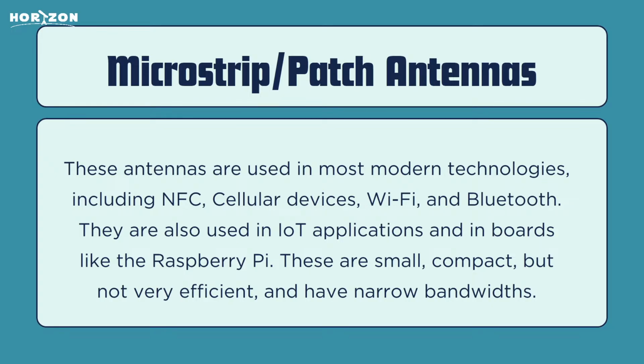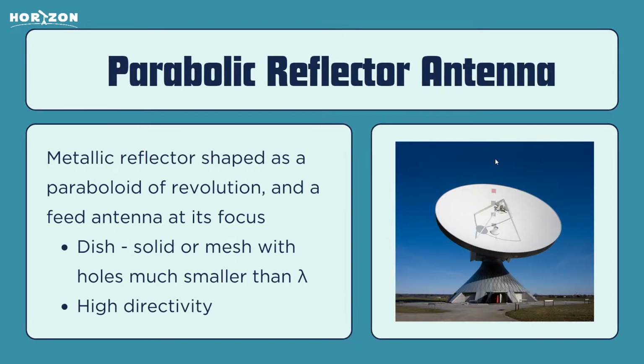Let's take a look at parabolic reflector antennas. A parabolic reflector antenna consists of a metallic reflector shaped as a paraboloid of revolution and a feed antenna, which is usually a horn or a dipole, at its focus.